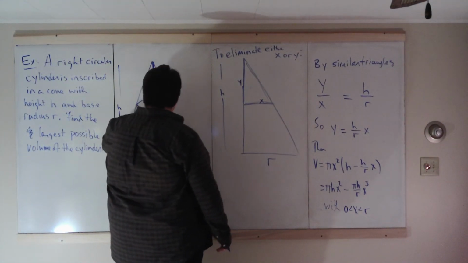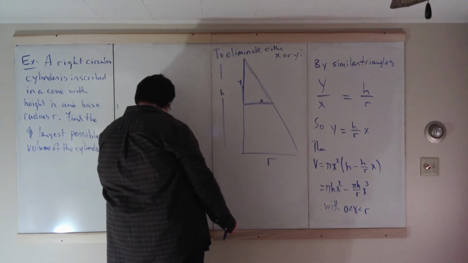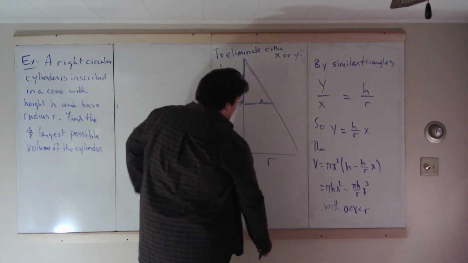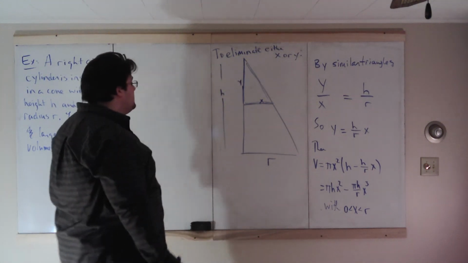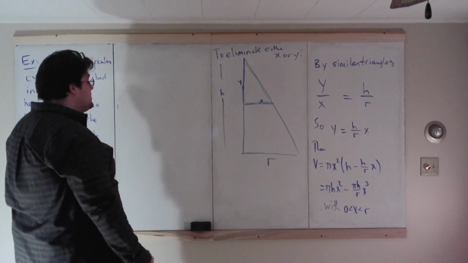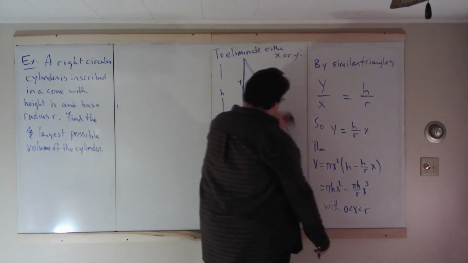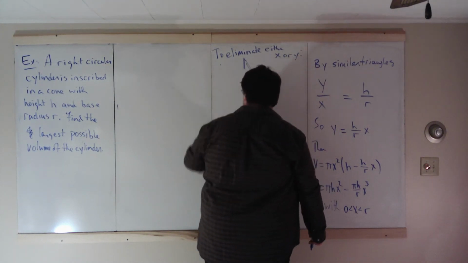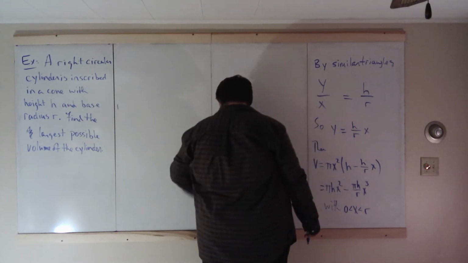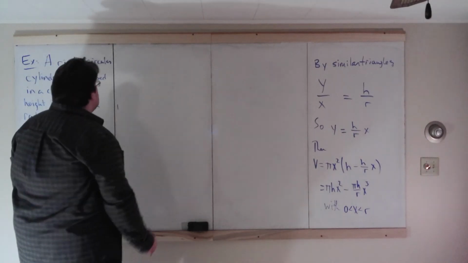And x can't equal 0 here and satisfy our constraint relation between x and y. And similarly, x can't equal r, because then it would be an infinitely flat cylinder. So we're going to need, eventually, a second derivative. You can't apply the extreme value theorem directly. But let's find the derivative, find where it's 0, find where it's undefined, and so on.